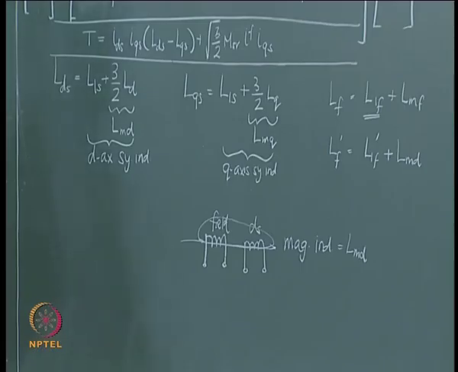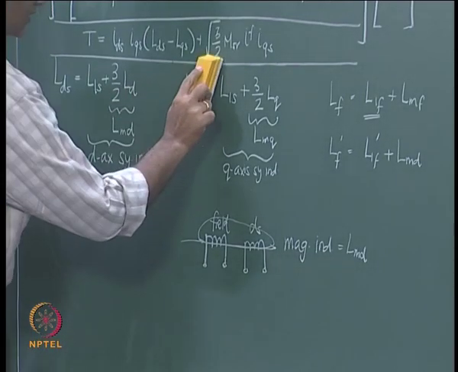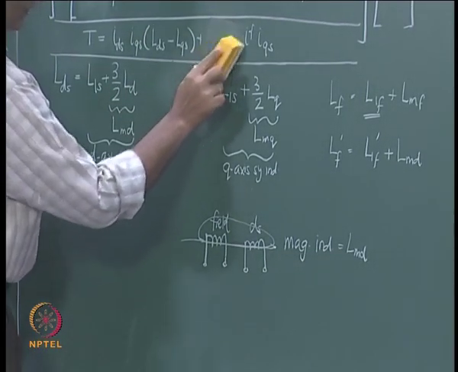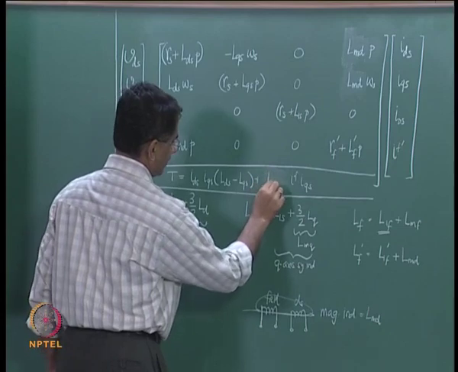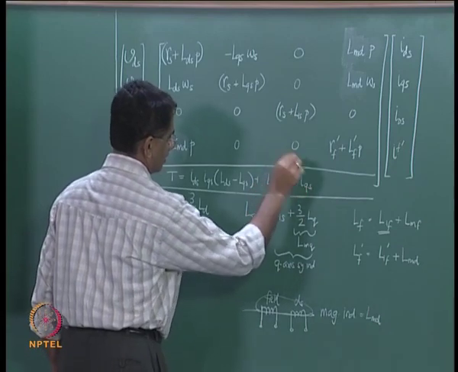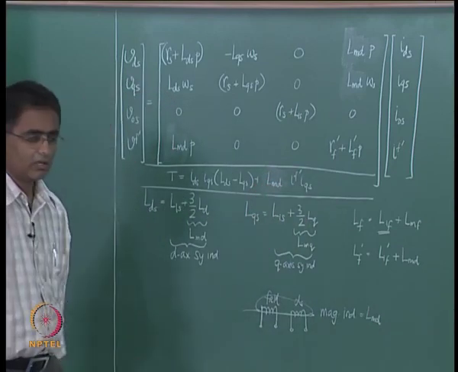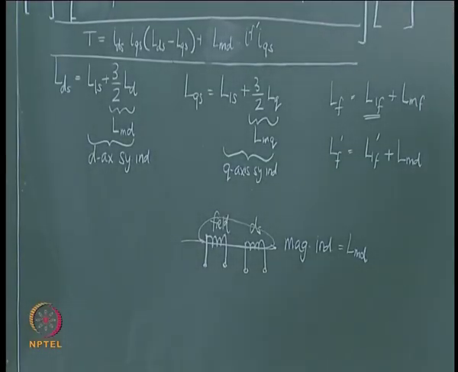Now that you replace it by the stator referred turns, this term becomes then LMD into IF dash here. So, these are the equations referring the machine to the stator turns and in the synchronous reference frame.